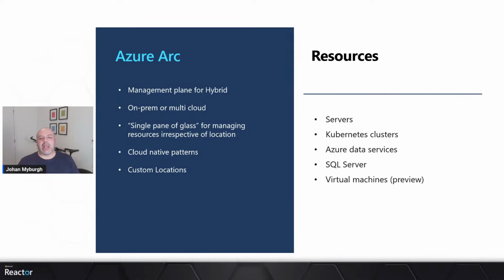So some of the cloud native patterns will be available for some of your resources on-prem, and you can manage all of your servers, Kubernetes clusters, Azure data services, SQL Server, for example, and even virtual machines now are in preview, right? And it doesn't matter what flavor of operating system.